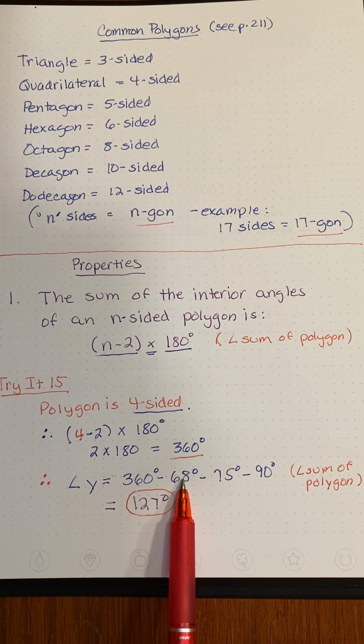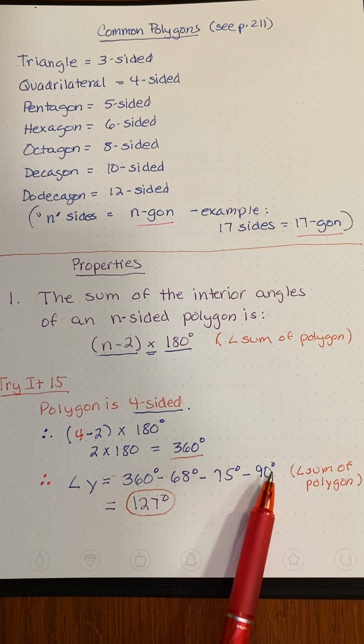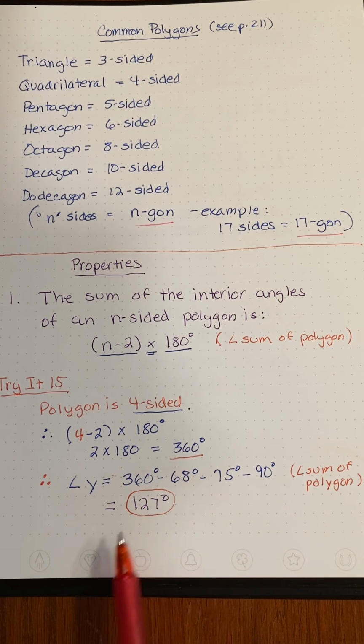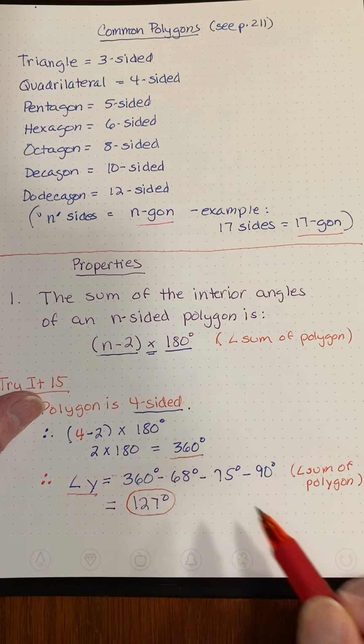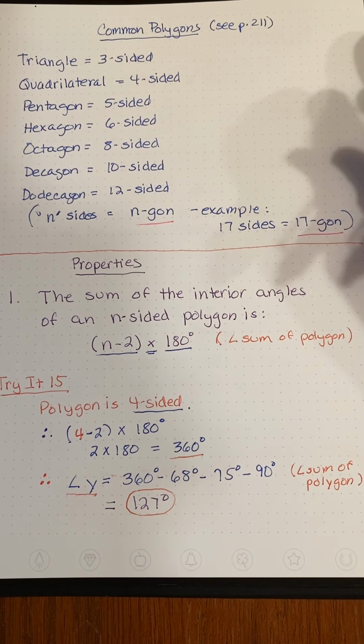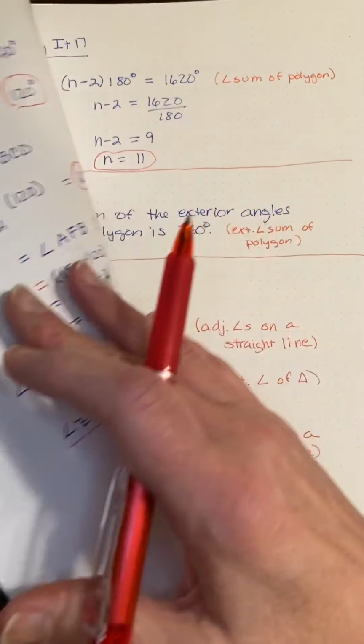So I'm going to subtract 68, and then from that 75, and finally from that 90 degrees, because of the angle sum of a polygon rule. Therefore, angle Y is 127 degrees.